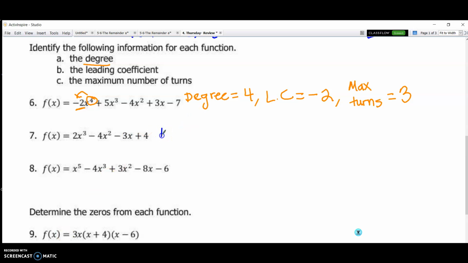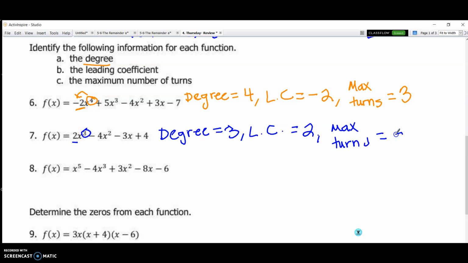Next one, degree. Largest exponent here is 3. Leading coefficient is 2. So max terms is 2. Degree minus 1.